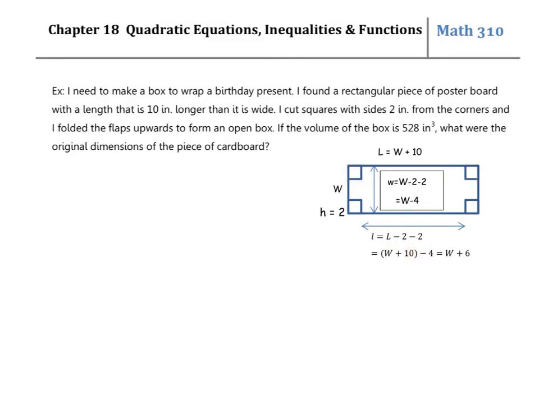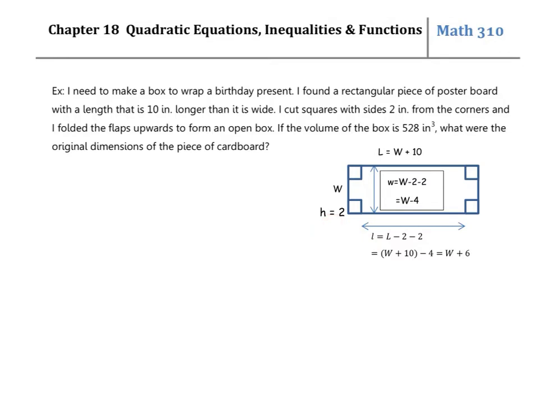And so the length is going to be, if we substitute in W plus 10 for length, and then combine these to get minus 4, we get that this little length here is going to be this big width plus 6. So now we have an equation for little width and little length, and we know that the height is 2.